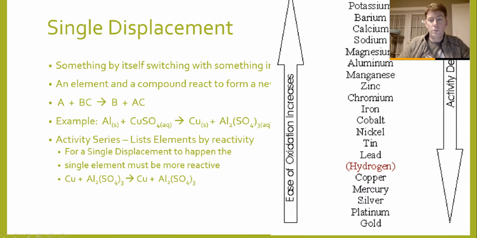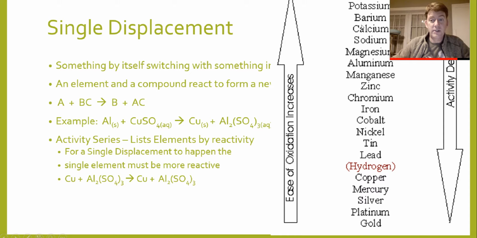So we need to have a more reactive element as the single element introduced to our solution. If you have an element that is less reactive than its counterpart, metal for metal, non-metal for non-metal, if it's less reactive than its counterpart in the compound, it's not going to happen, and you won't have a single displacement reaction.